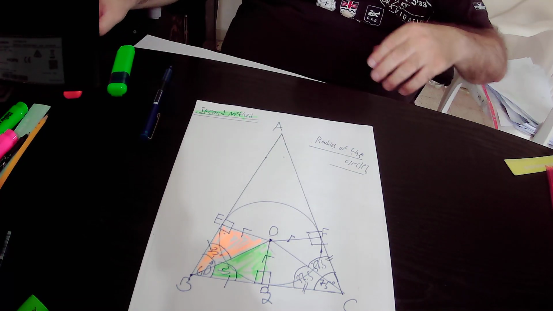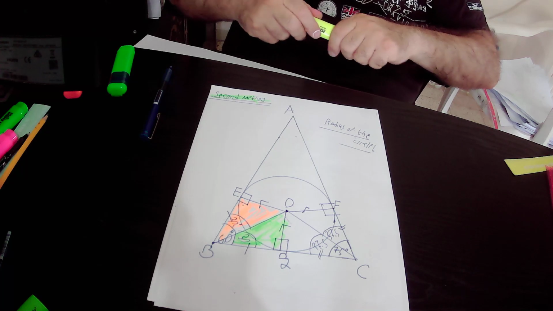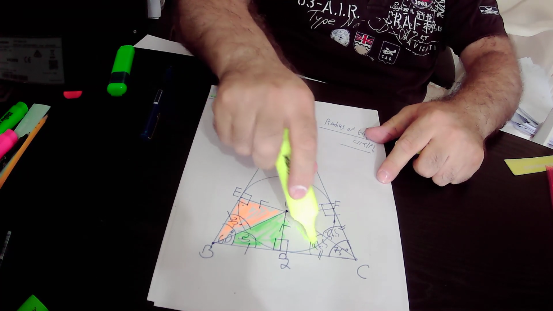In the next step, we'll focus on the right yellow triangle, triangle OCD.